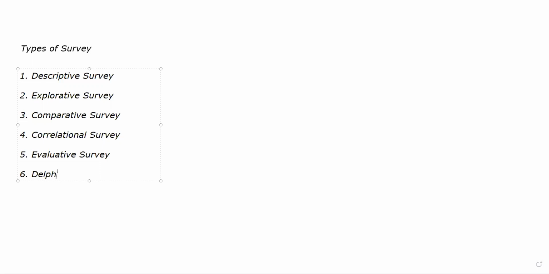Then we have a Delphi survey. Delphi survey में क्या करते हैं? You are trying to solve problems. Now, in this, you will have a panel of experts about that particular subject. Let's suppose we have a bunch of doctors and you are trying to perform a survey on TB, and we have pulmonologists who are specifically specializing in tuberculosis, and you are performing a survey on them.